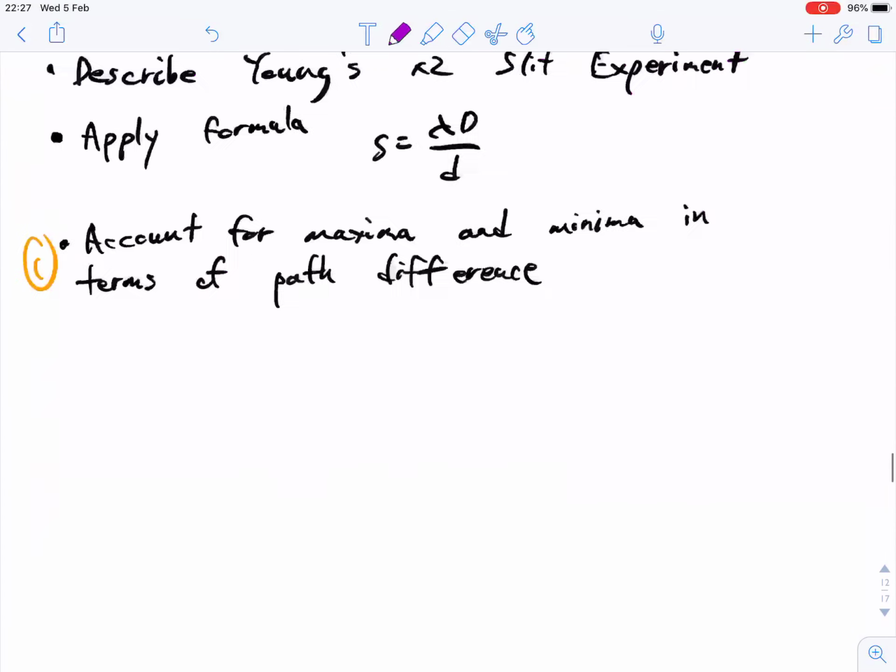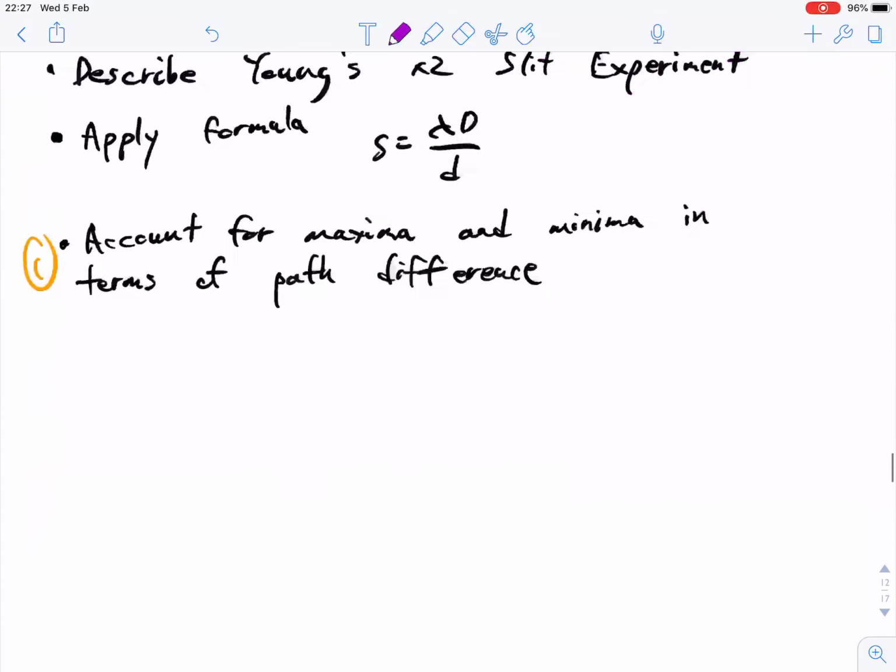And the formation of minimas, or destructive interference, is on our nodal lines. So I'm going to use a different color. Let's use red here for destruction. So destruction happens when exactly a crest and a trough meet.